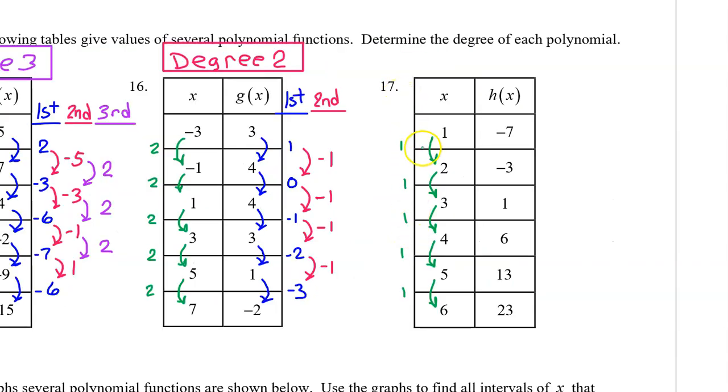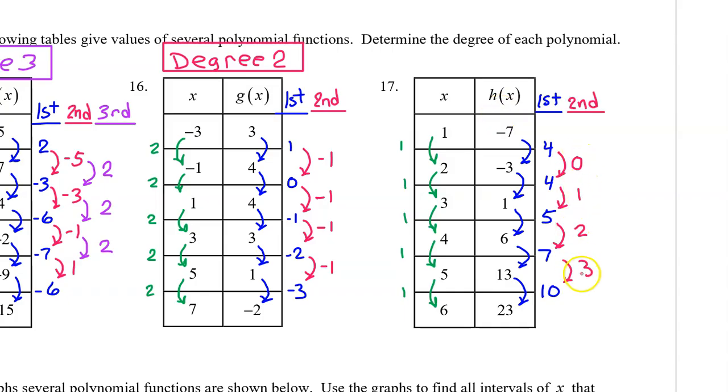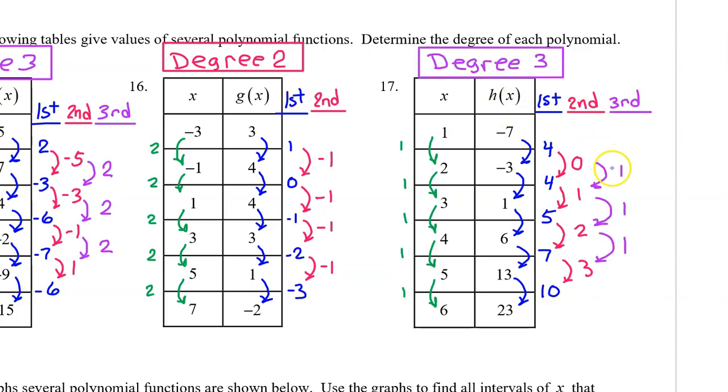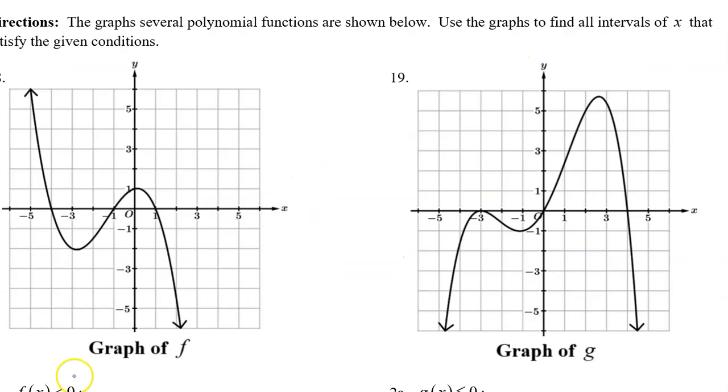For number 17, we see a common difference between the input values, so we can use the trick. The first differences are not constant, so h of x is not degree 1. The second differences are not constant either, so h of x does not have degree 2. The third differences are constant, so h of x has degree 3.